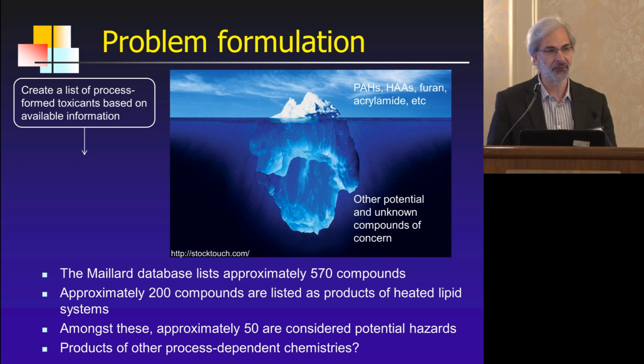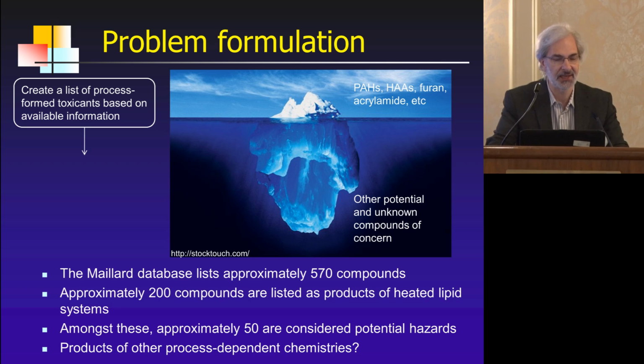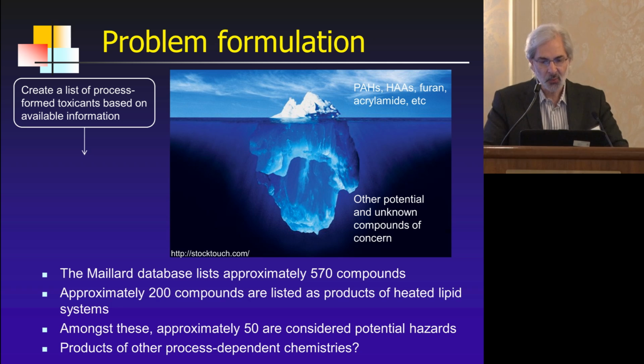So we start with problem formulation. And in this case, that means what is the list of process-formed toxicants based on available information that we have to worry about? And we've heard that we've identified some of them, but this is, we know, the tip of the iceberg. There are various databases that the chemists have put together, the so-called MIARD database, which currently lists at least 550 different compounds produced as a result of the MIARD reaction on the heating of foodstuffs.